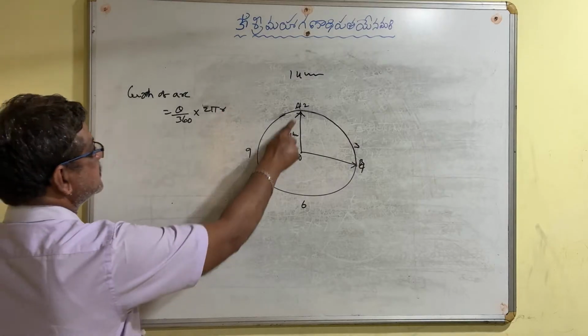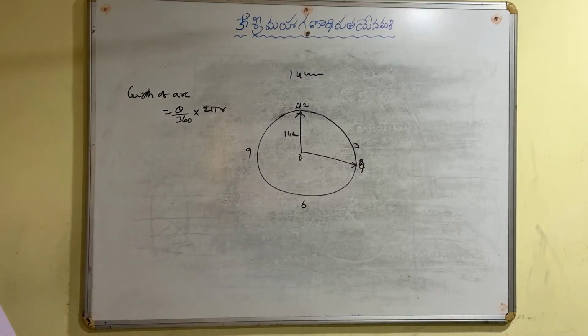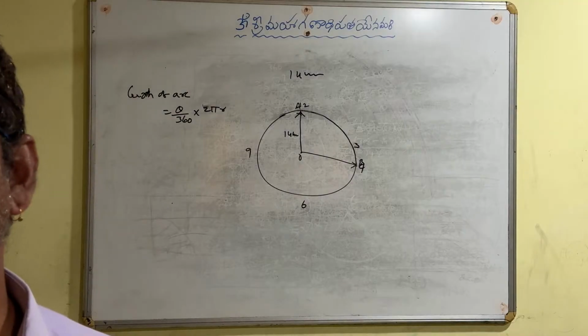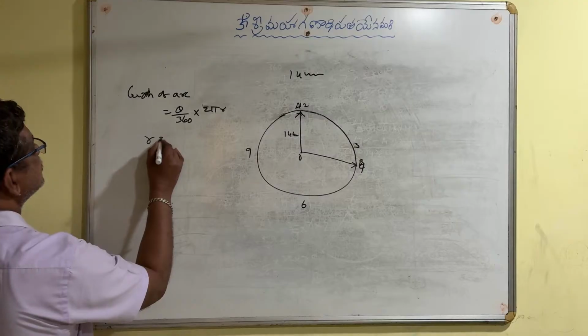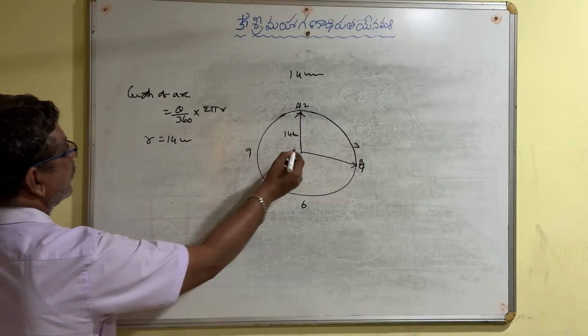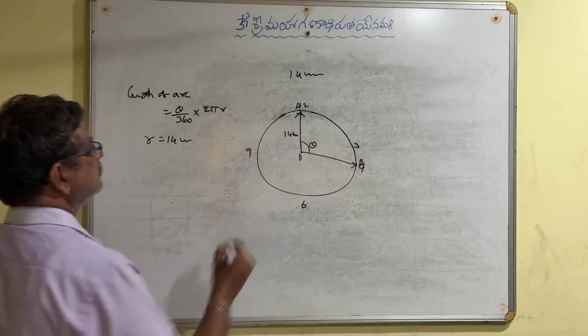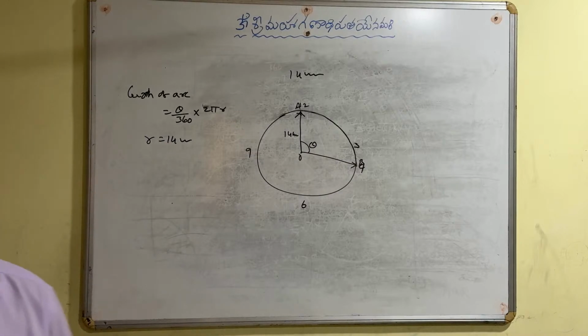We know radius is here. Length of the minute hand, we have to consider it as the radius. Okay? Radius 14 centimeters. Now, what will be the sector angle? We can observe a sector over here. How to find out the sector angle?